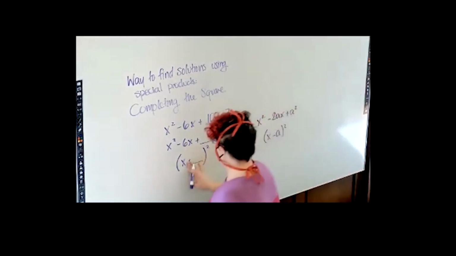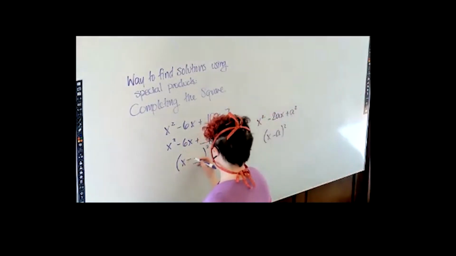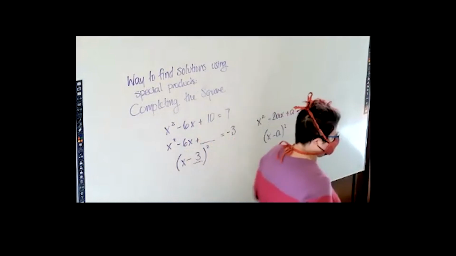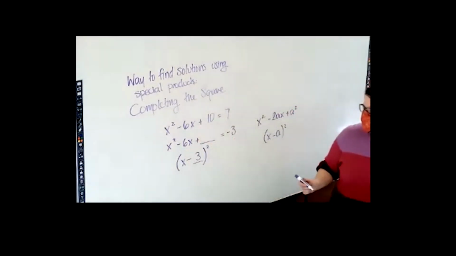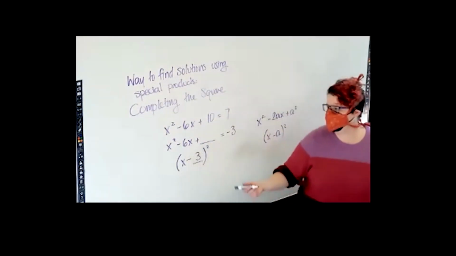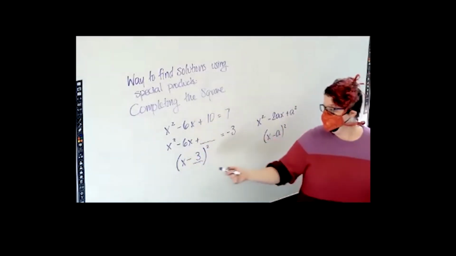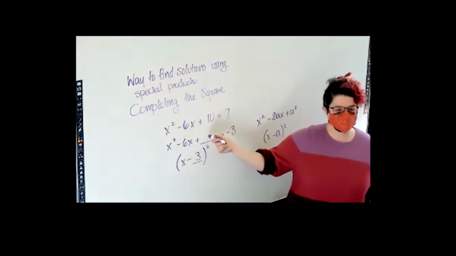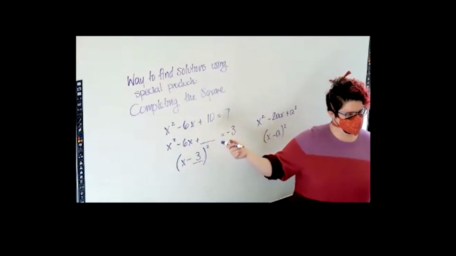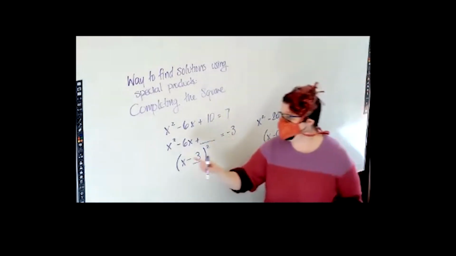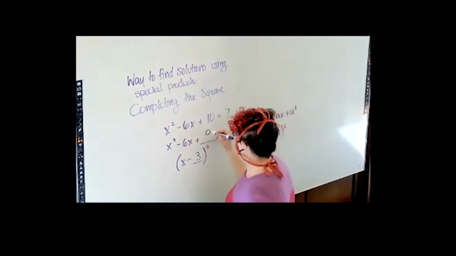So this would be (x minus 3) squared. If we make this (x minus 3) squared so that we get that x squared and that -6x, then we're also adding 9, because it would have to be x squared minus 6x plus 9.